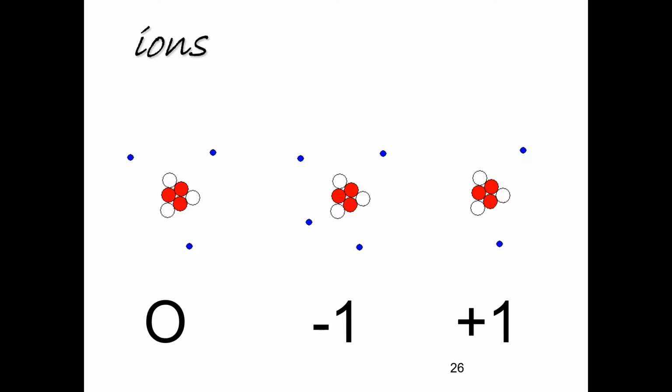The negative charge of the electrons is canceled by the positive charge of the protons. So, as in the first case, where the atom has 3 protons and 3 electrons, the atom has no charge. In the second case, there is 1 extra electron, so the atom has a charge of -1. And in the third case, there are only 2 electrons, so the atom has a charge of +1.